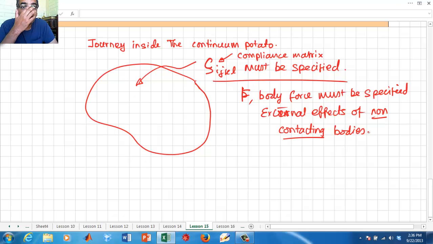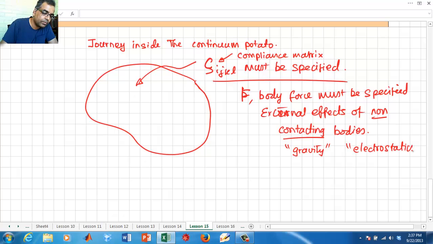This is force due to magic. I told you, no, this is called action at a distance. And for us, the only types of body forces are gravity, electrostatics, magnetostatics.